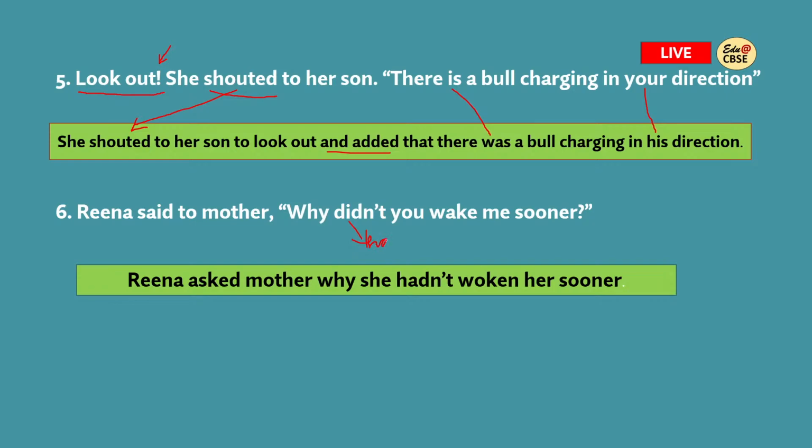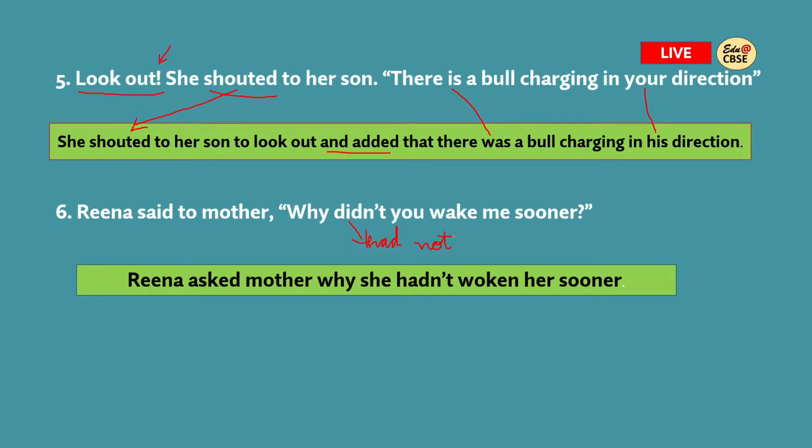So this is the rule that you need to remember. Did not changes into had not. So that is why we are practicing, because you always forget rules because you don't revise these.